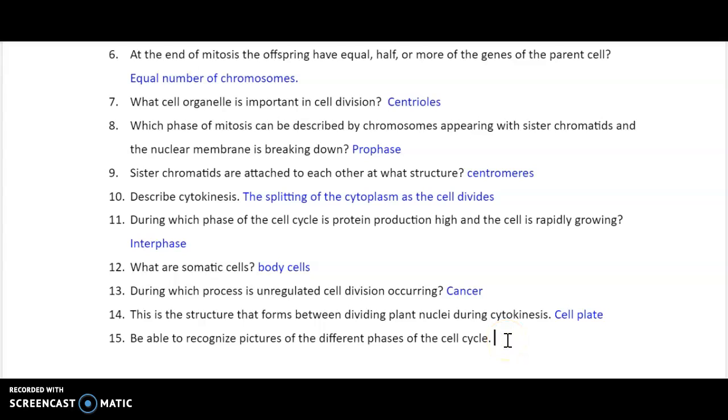Number 15. Be able to recognize the pictures of the different phases of the cell cycle. We have done several different activities and taken notes on those this week, so go back and look at the pictures that you have. Make sure you know what prophase looks like, what metaphase looks like, lined up down the middle. Anaphase, they start pulling away from each other. The spindle fibers are attached, pulling those chromosomes away from each other.